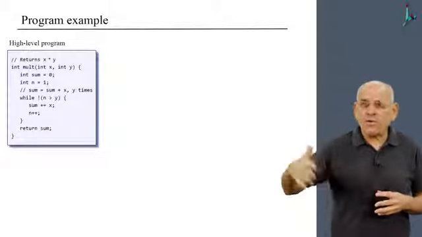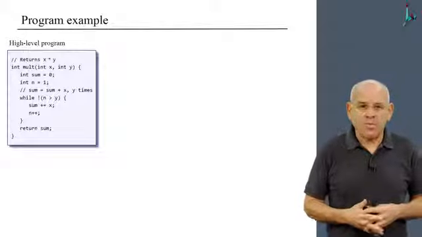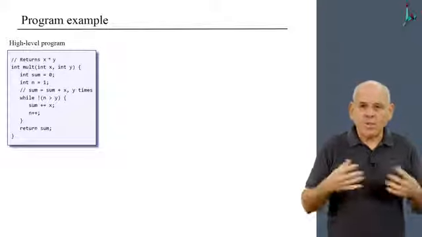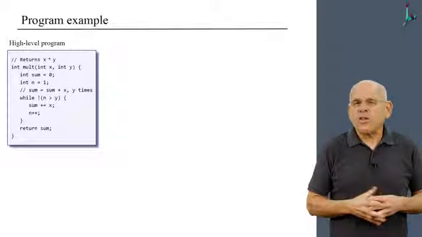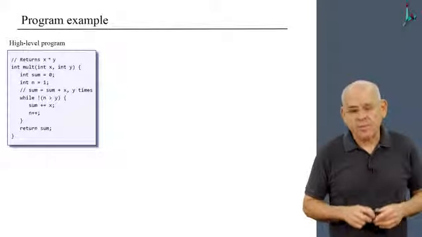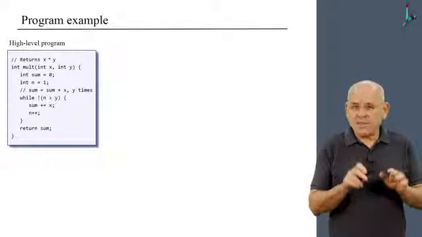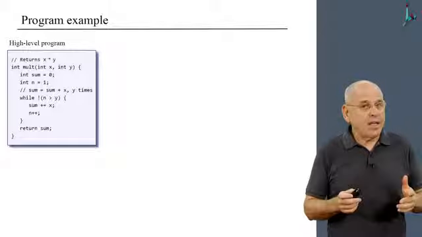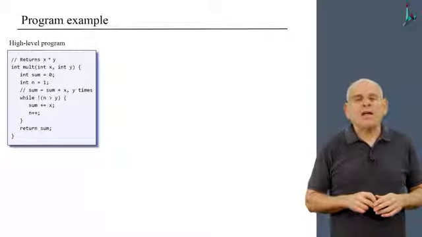And in order to count y times, we use yet another variable called n, which starts with 1, and you can read the code and understand it. It's rather trivial. I should point out, though, that this implementation of multiplication is very naive and very inefficient.